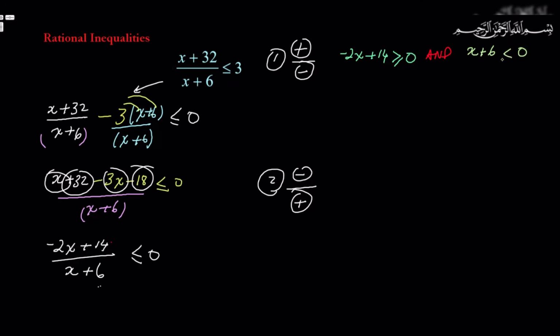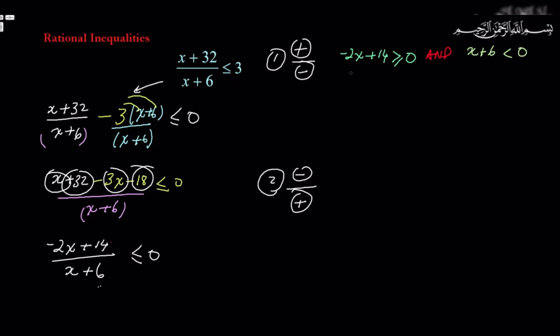Now I can't write a less than or equal to 0 here because the denominator cannot ever be 0. That's super bad. The denominator being 0 is not defined. So the one scenario where this inequality will be satisfied is the numerator is positive and the denominator is negative.